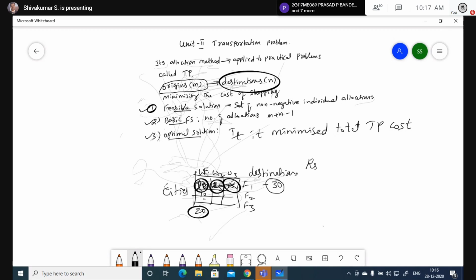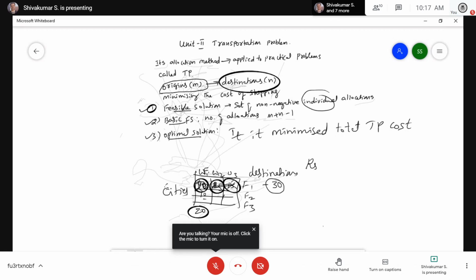So 10 plus 10 is 20, and you don't have to take anything from factory 3, because the capacity is only 20. Factory 1 can supply 30, you take 10 and 10, so totally 20. So a feasible solution means a set of non-negative individual allocations. If you do allocation like this, that is called a feasible solution.